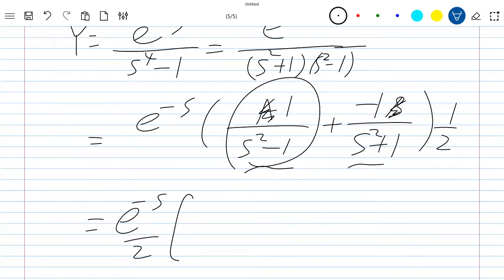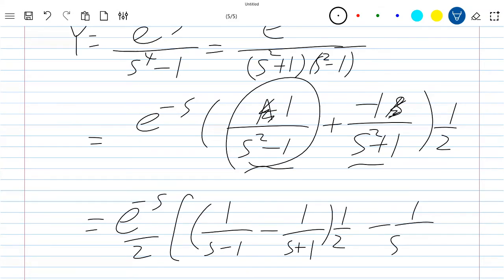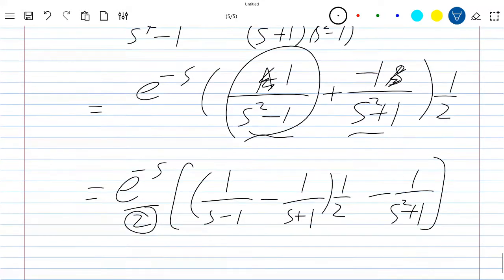How do you split this guy? Very similar: s minus 1, s plus 1. And same thing, if you do minus, you will get 2 in the numerator. So let's divide by 2 again. Be careful, don't get confused with this 2. This 2 is still there, and this 2 is still there. Okay.